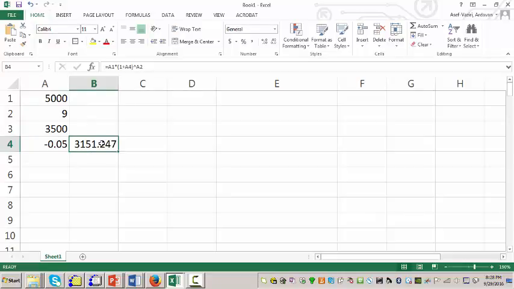The problem with Excel is this. I mean, not with Excel, with Solver is this. Changing cells in Solver need to be positive. But here I know if I'm going down from 5,000 to 3,500, the interest rate should be negative.